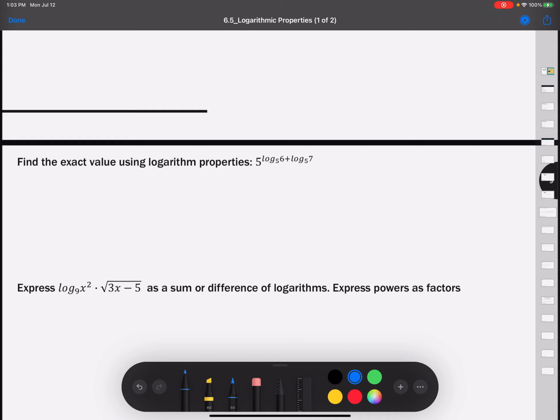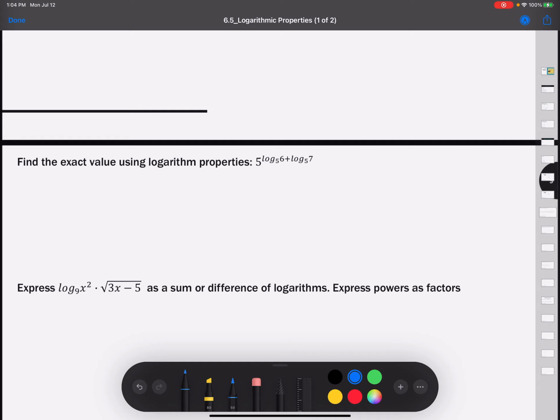Find the exact value using logarithm properties.